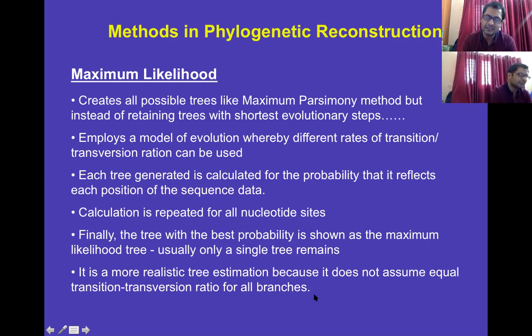This algorithm is based on the score of transition and transversion mutations and all those things, right? However, maximum parsimony was based on the score which is given when a new taxon is added to the tree.